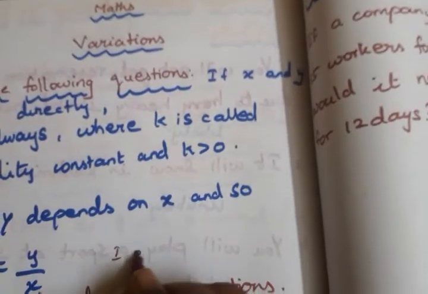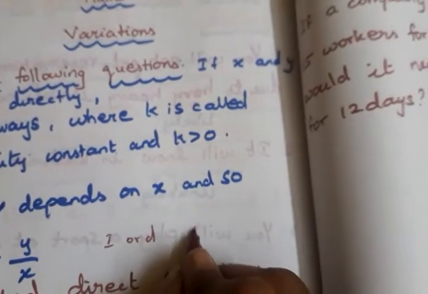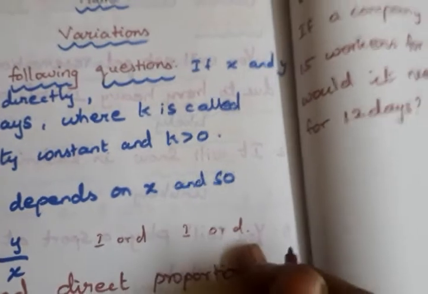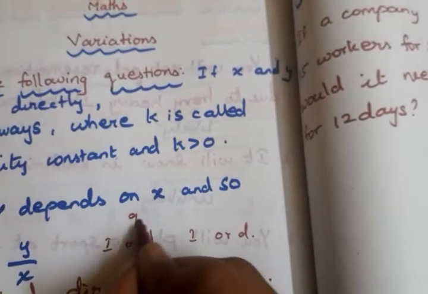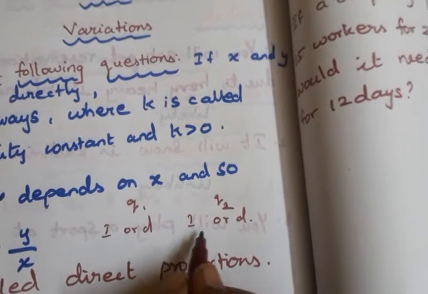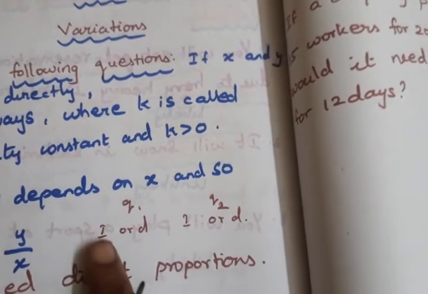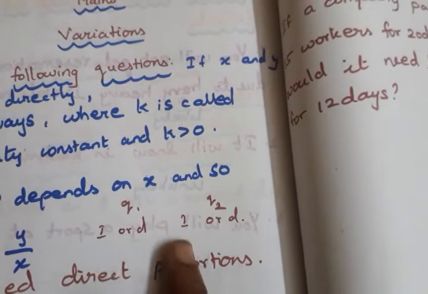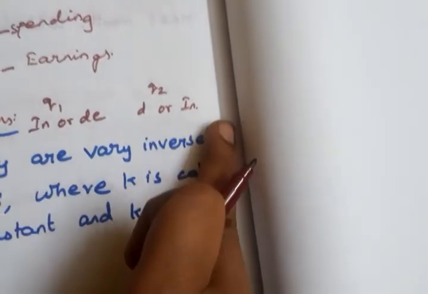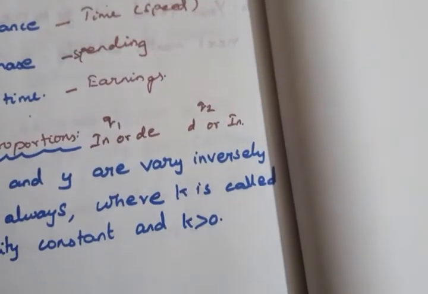Direct proportion means increase or decrease, then increase or decrease, the same corresponding change in both quantities, that is called a direct proportion, isn't it? This one is different: increase with decrease, or decrease with increase, that is called an inverse proportion.